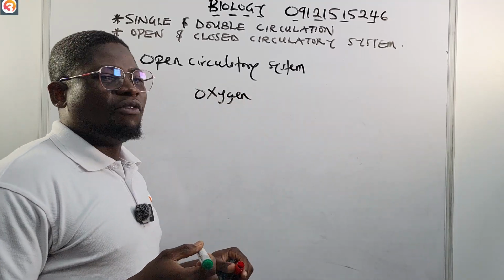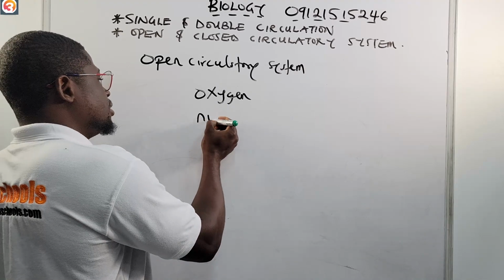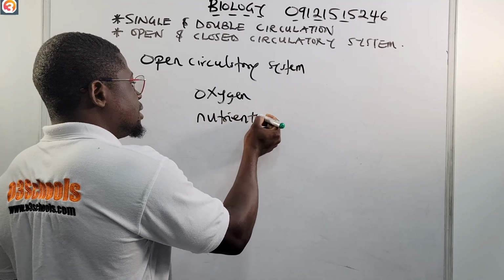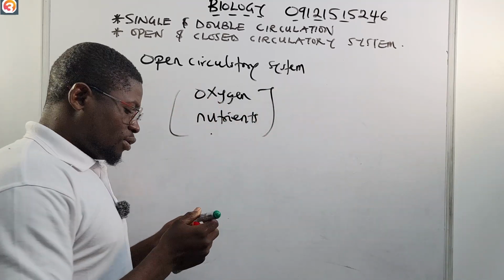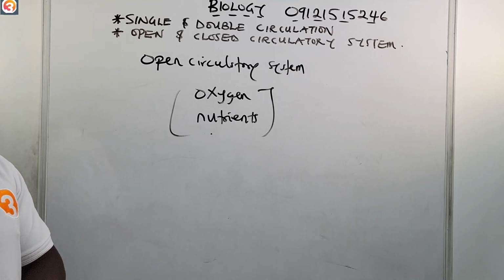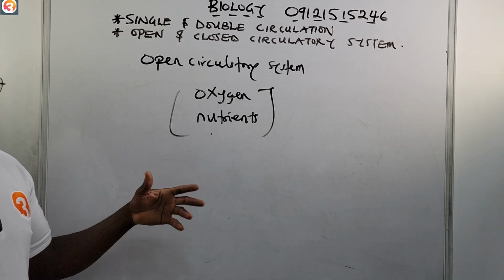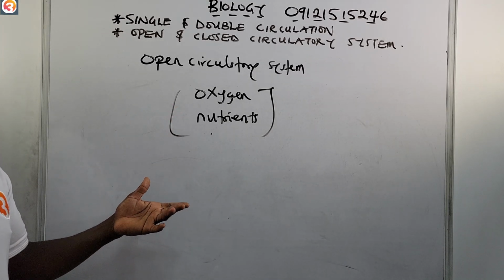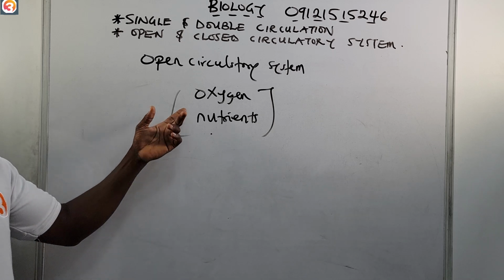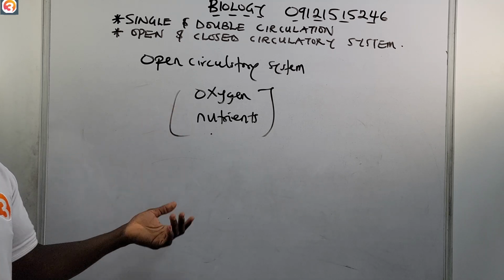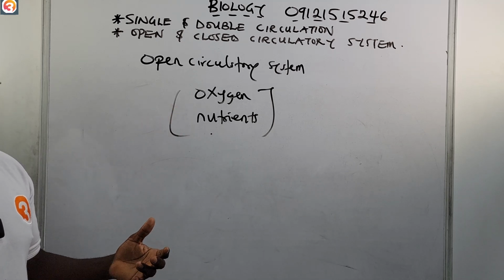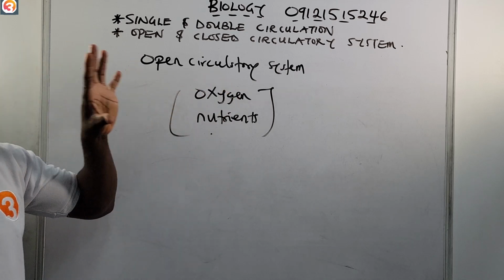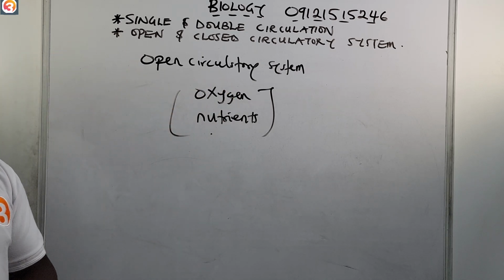They require the supply of oxygen and nutrients to different parts of their body. You know why they need oxygen and nutrients, right? Nutrients for energy, oxygen for respiration and other uses.